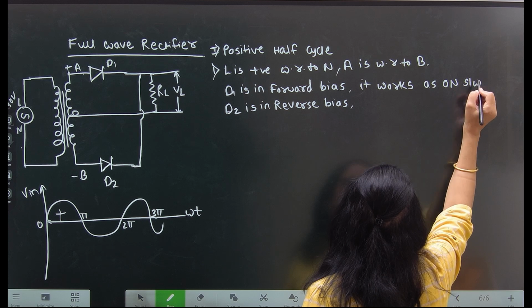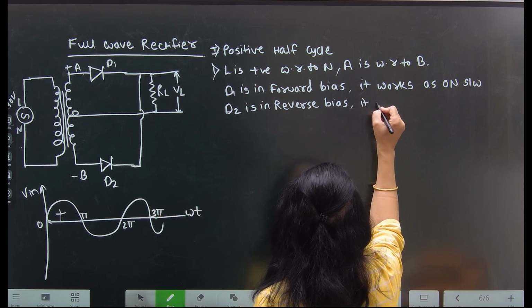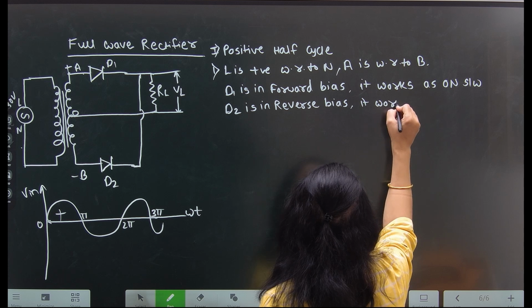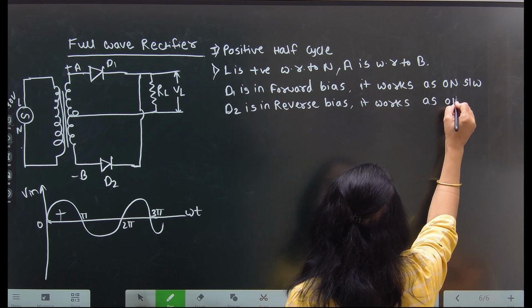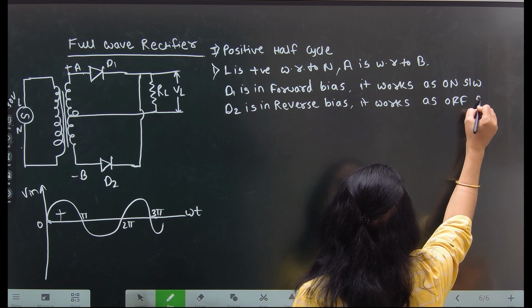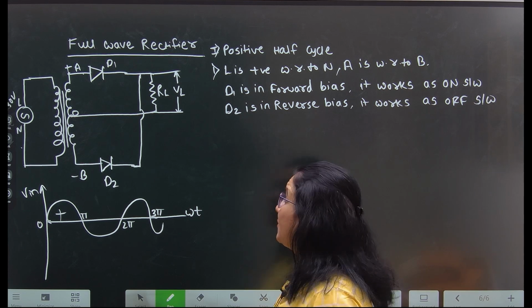And if it is in reverse bias, then it works as an off switch, or it is called an open switch.